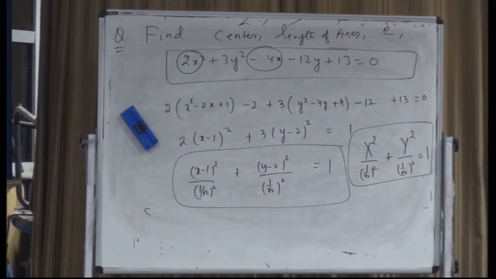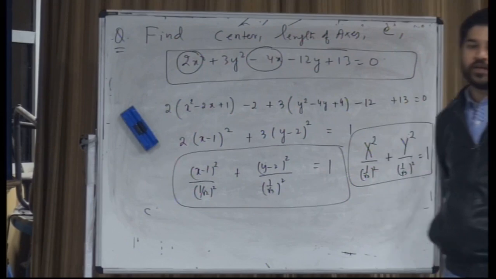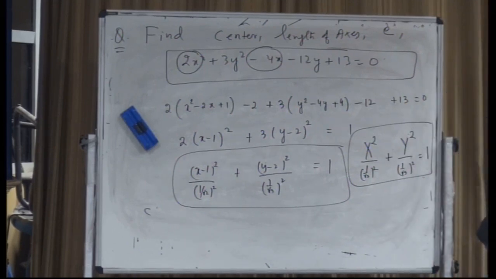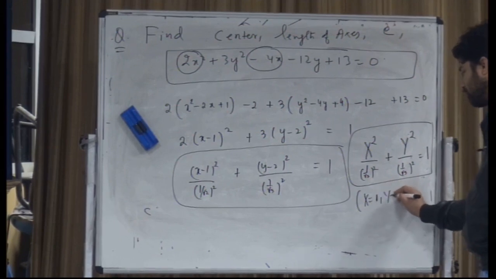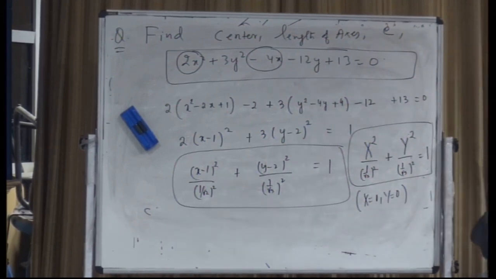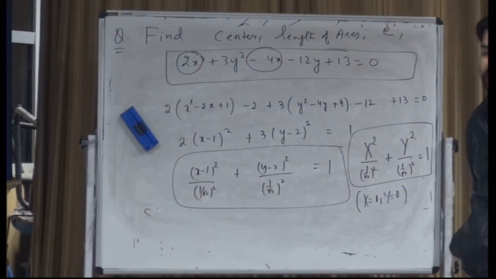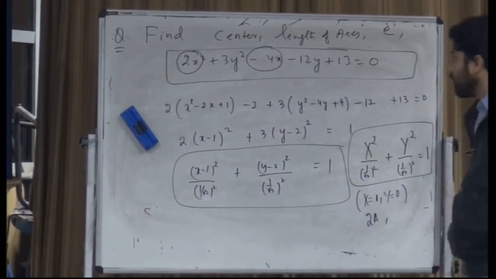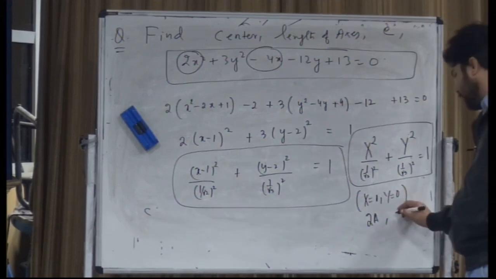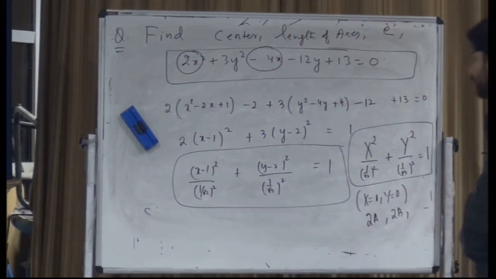Now tell me center क्या होता है इस ellipse का, स्टैंडर्ड ellipse का सेंटर क्या होता है, 0,0. लेंथ ऑफ एक्सिस क्या होता है, 2a. And what is the length of minor? 2b.